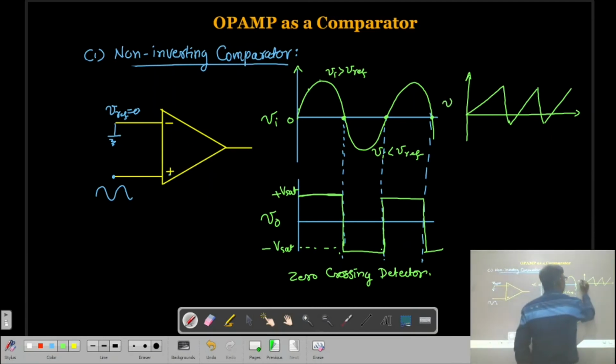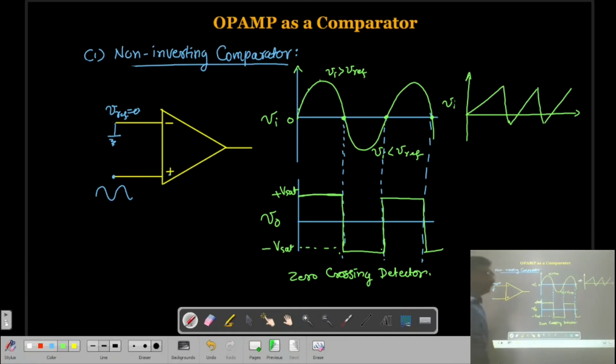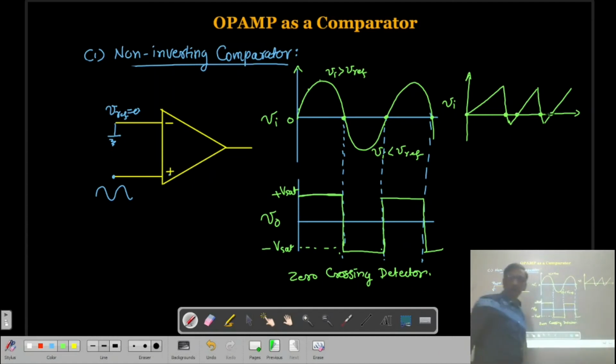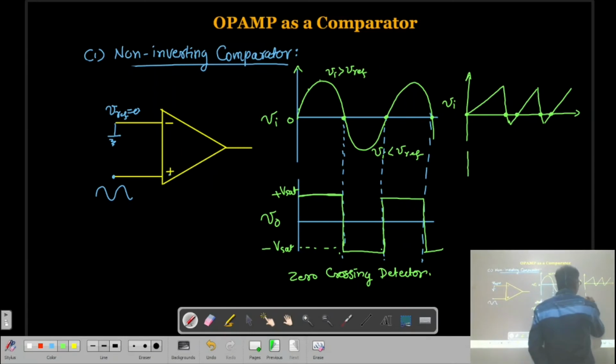Now here you can see the zero is at this point, here, here, and here. At all these points, the output of the op-amp or the comparator will change the state. And if we draw the graph, then this graph will be like this.